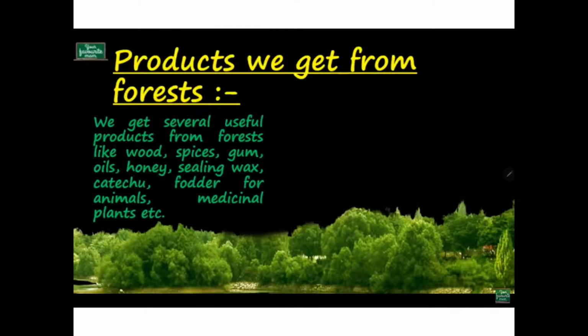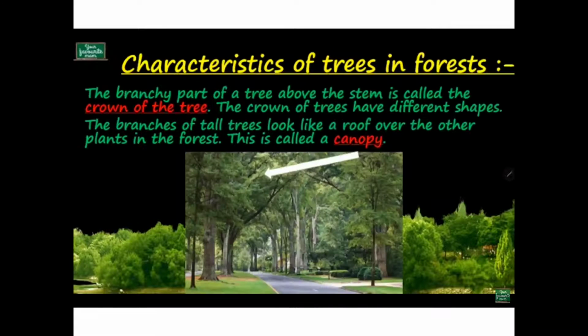Some grow up into trees, and the trees have branchy parts above the stem. That branchy part above the stem is called the crown of the tree.